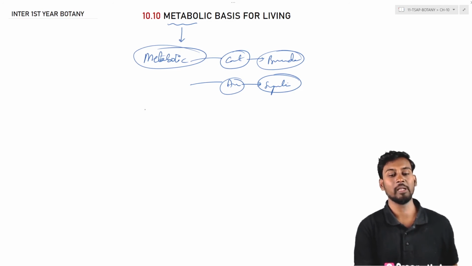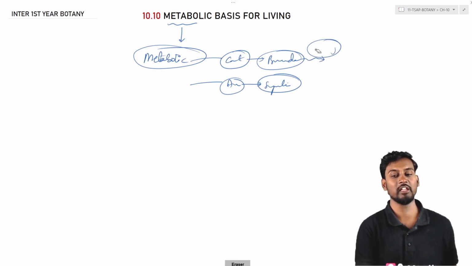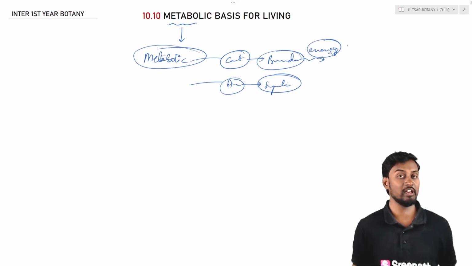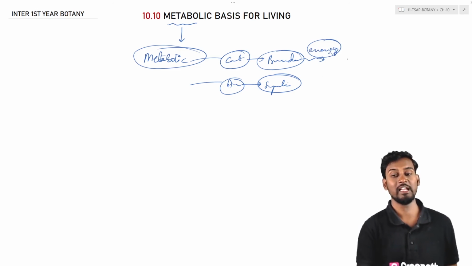So in case of metabolic reaction, the breakdown of the compound is generally involved in releasing energy. The energy which is released as a result of the catabolic process or the oxidation process is conserved in the form of ATP molecule. And in case of anabolic reactions, the energy is generally utilized.